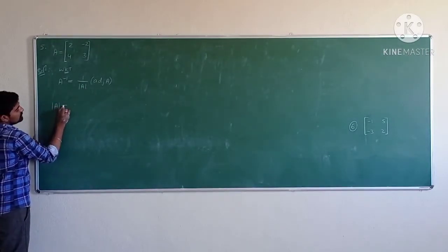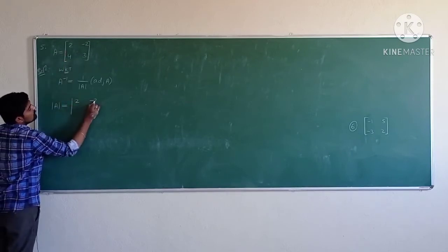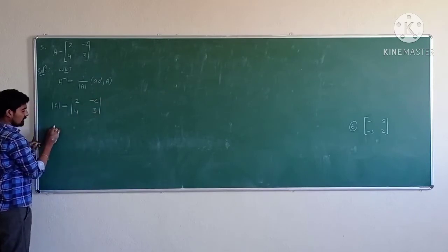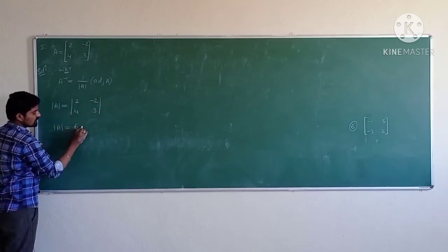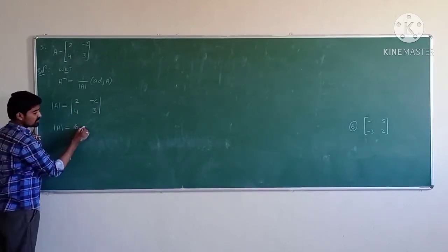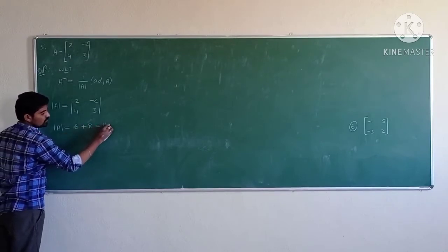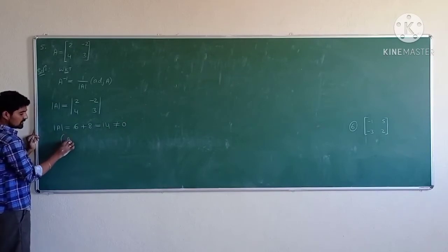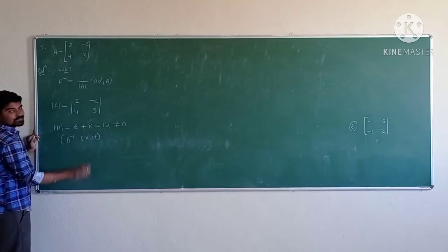So determinant of A is equal to determinant of [2 -2; 4 3]. So determinant of A is equal to 2 into 3, 6, minus 4 into -2, which is minus minus plus 8. 6 plus 8 is equal to 14 and 14 is not equal to 0, which implies A inverse exists.